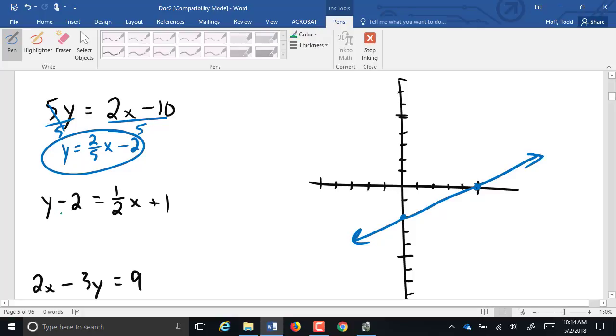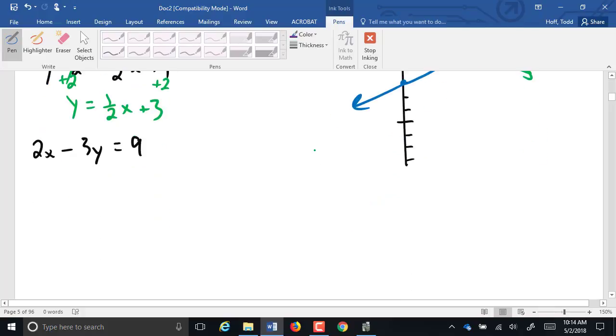This one we have to add 2. So we get y equals 1/2 x plus 3. So we start at +3. From there we go down 1 over 2 to get that line.